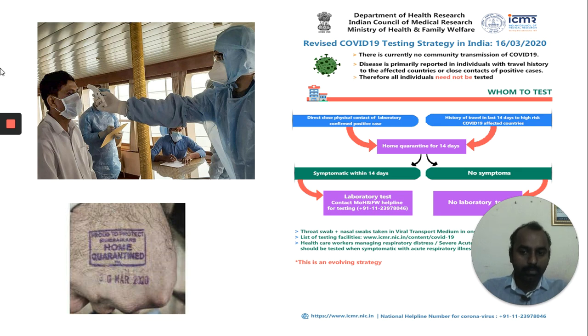And patients who are asymptomatic, who have a travel history from any countries which are infected, but they do not show any symptoms, either temperature or anything else, have been stamped and advised to be home quarantined, or they have been sent to isolation centers for further checkups. So this is the fundamental and first most strategy.